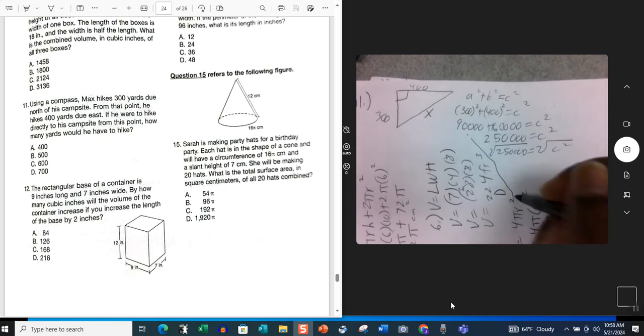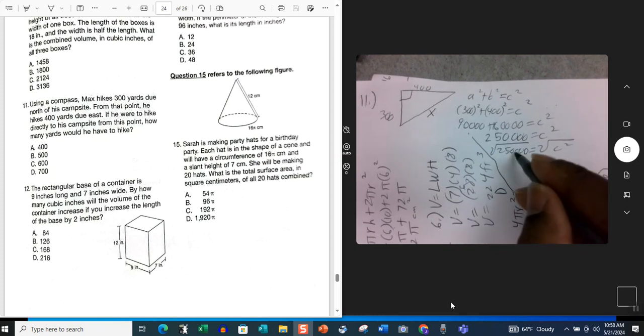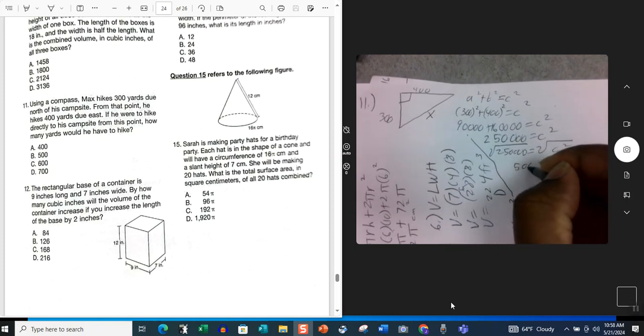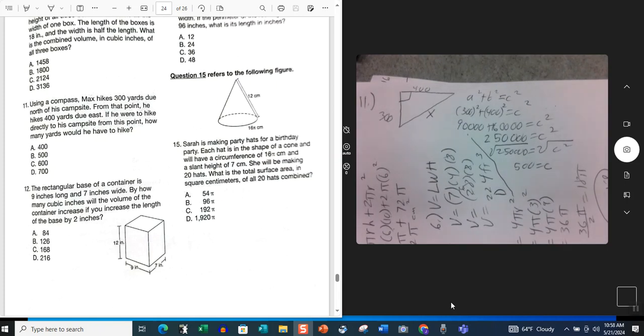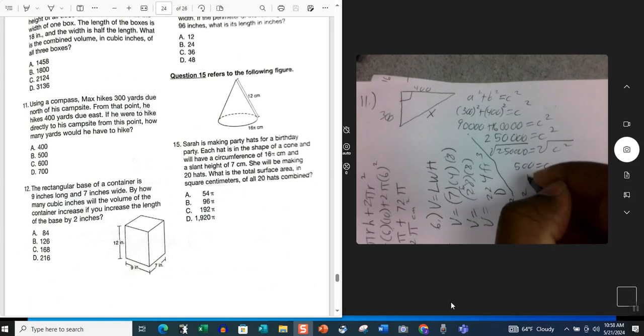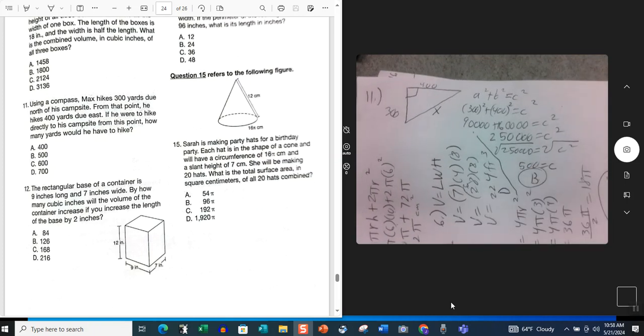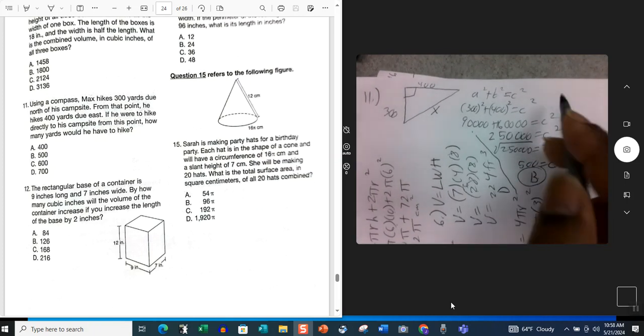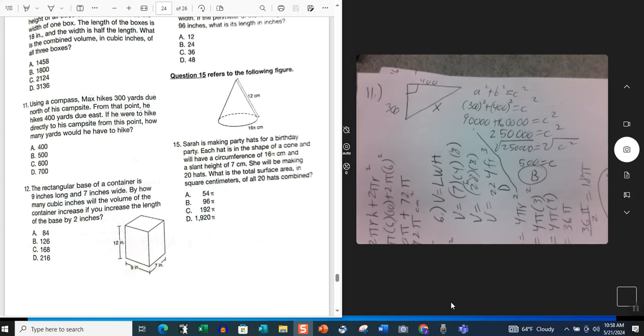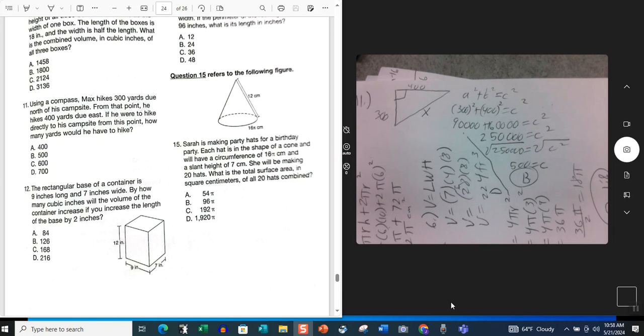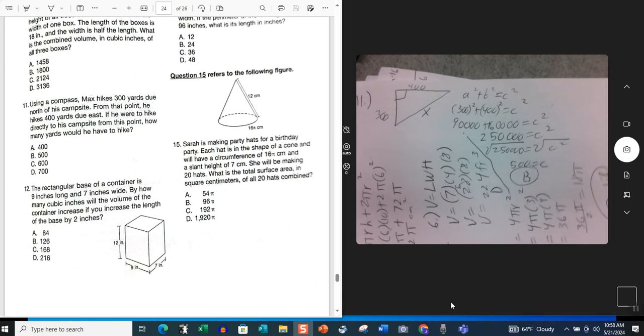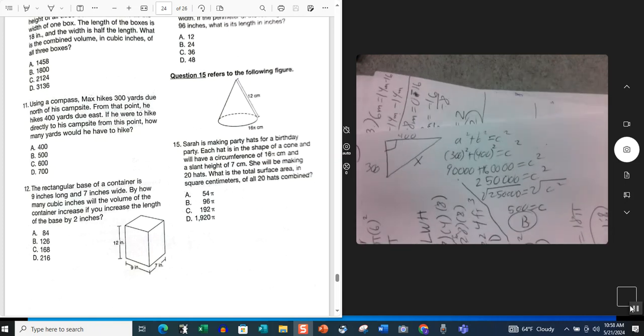So now the square root of 250,000 is 500. So 500 is equal to C, which would be B. So that's B. Okay, so now we took care of problem number 11. Now we move on to our next problem.